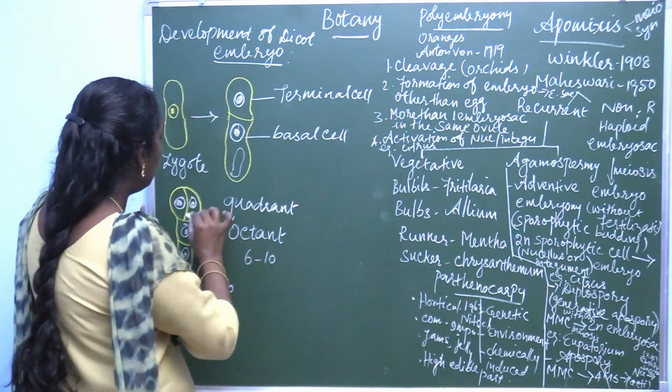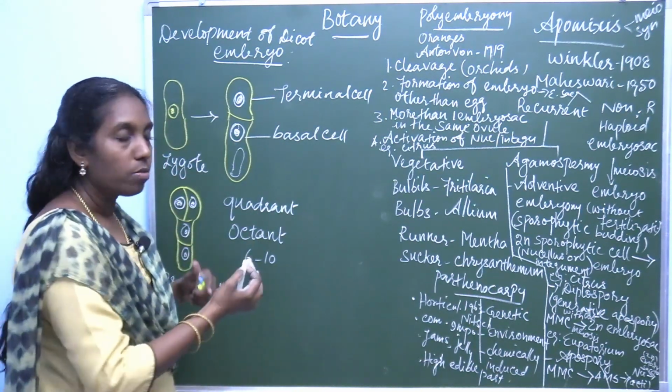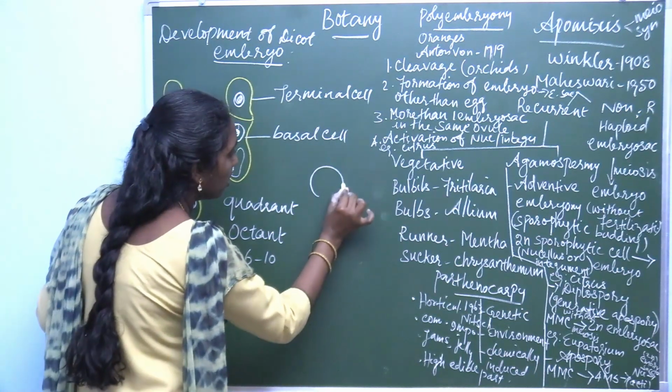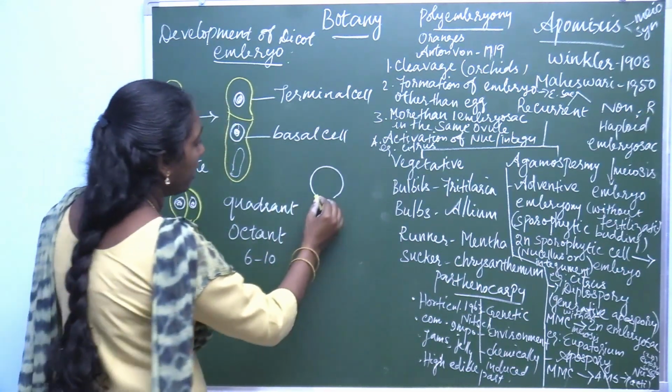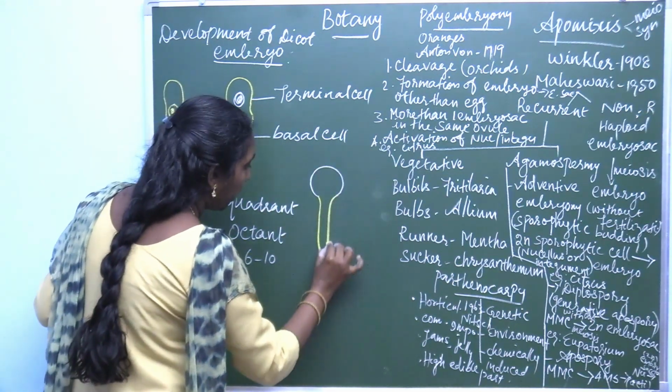Now this proembryo turns into a globular stage.